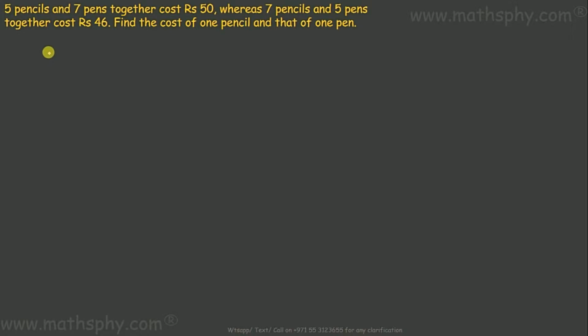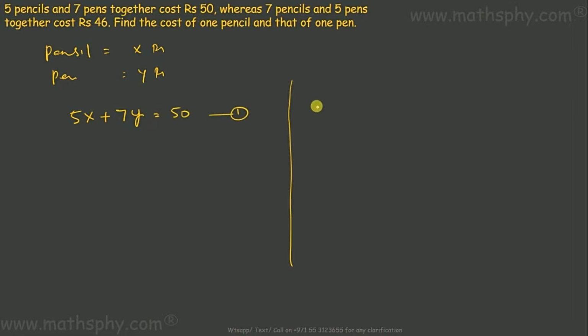So we have to find the cost of 1 pencil and 1 pen through graphical representation. Let's take pencil as x rupees and pen as y rupees. 5 pencils at the rate of x rupees plus 7 pens at the rate of y rupees cost me total 50. That's the first equation. 7 pencils at the rate of x plus 5 pens at the rate of y cost me 46.